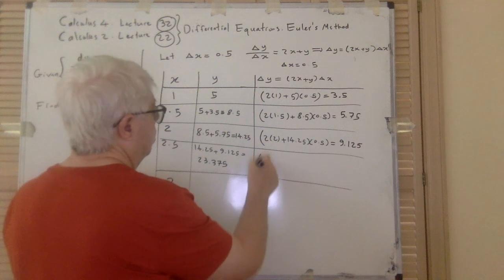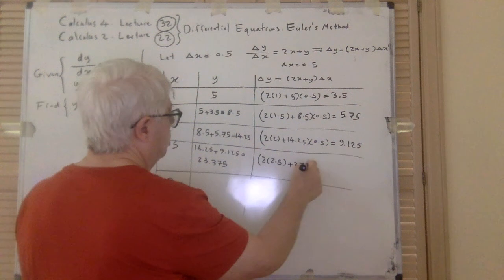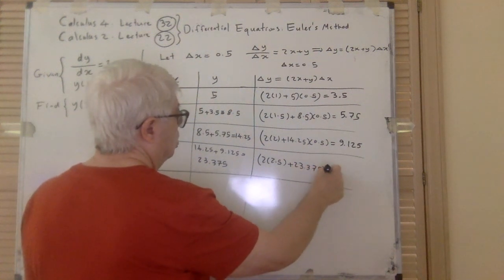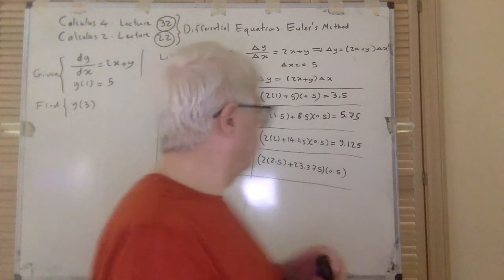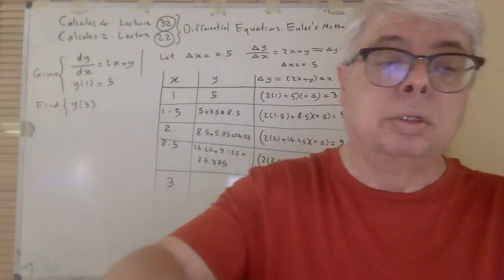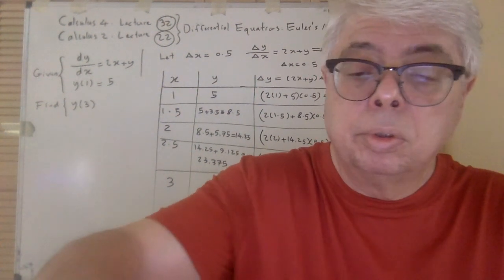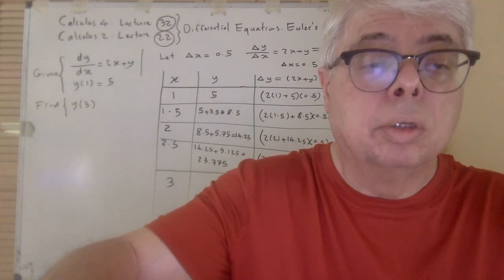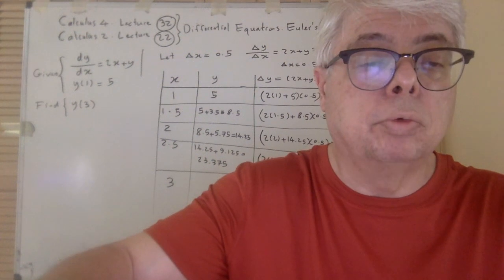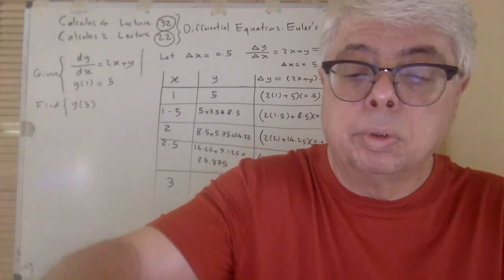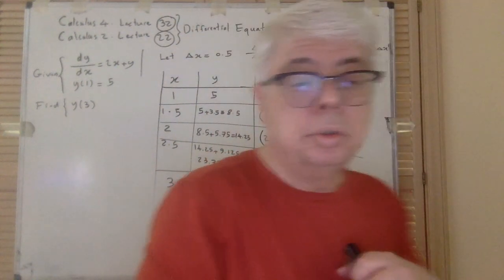So then I have 2 times 2.5 plus 23.375 times 0.5. That is 5 plus 23.375 times 0.5, that is 14.375.